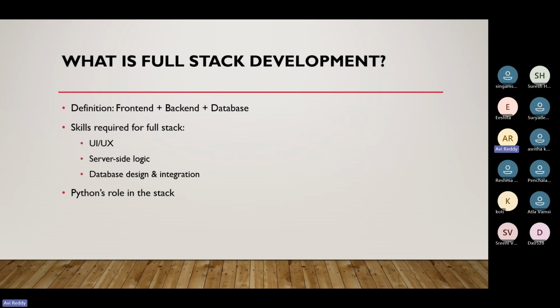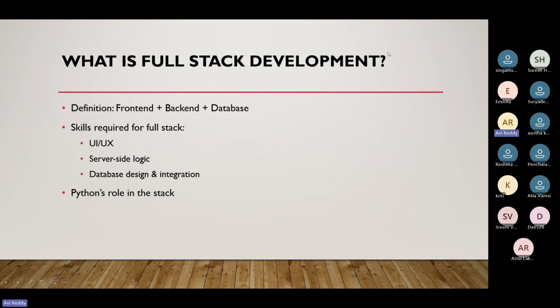So what exactly is full stack? A stack means a bundle of things put together. In the software industry, we basically have 2 types of developers: backend developers and front-end developers. Front-end is what you see when you open a website, the look and feel, designed by a front-end engineer.